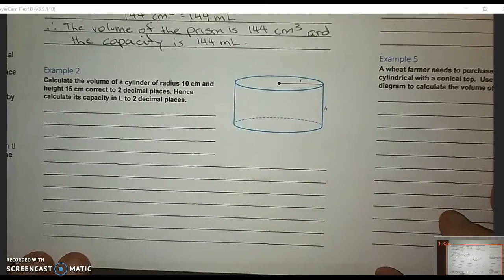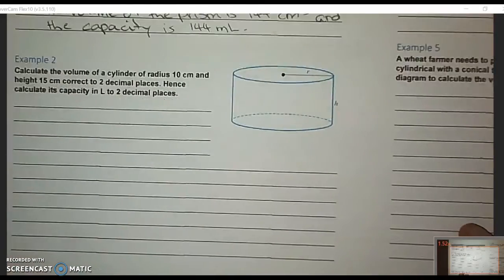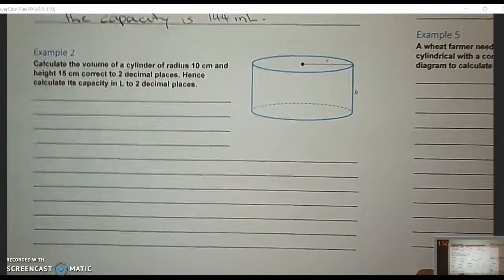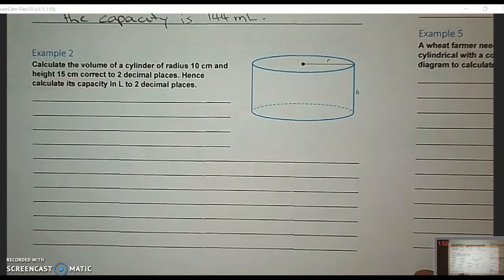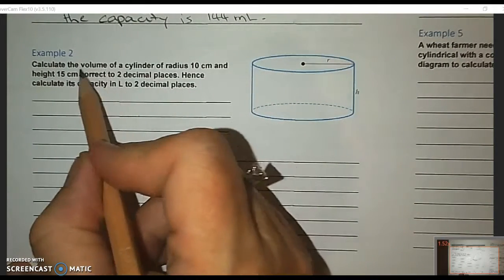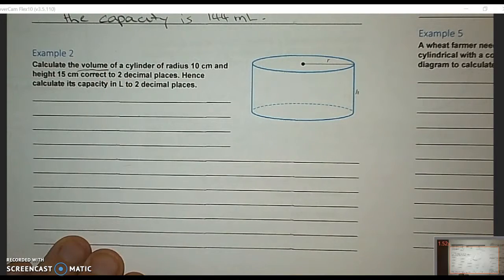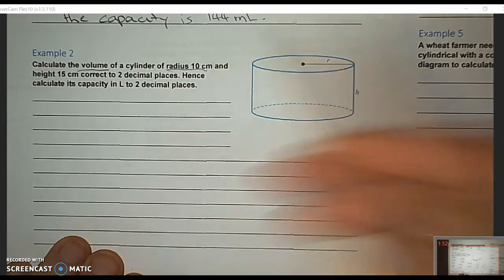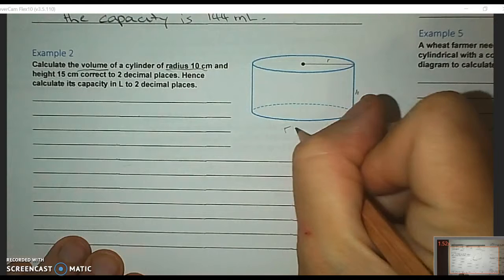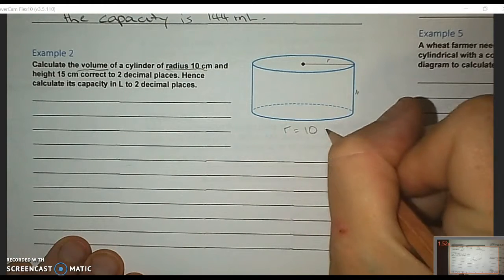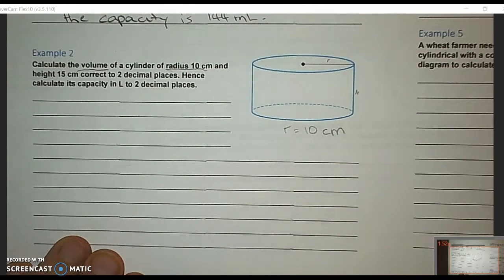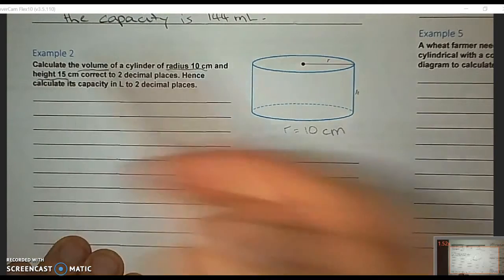So example 2, we have this cylinder here. It says calculate the volume of the cylinder, the radius of 10 centimeters. We write down what we know. Height of 15 centimeters.